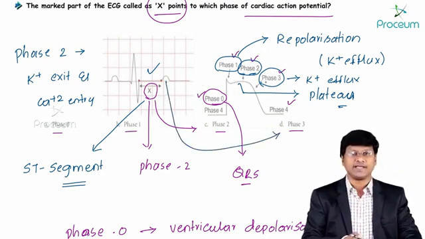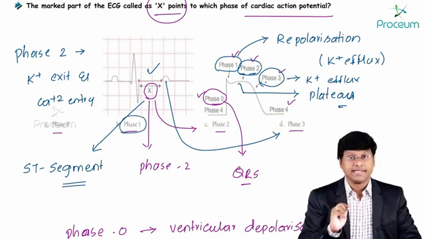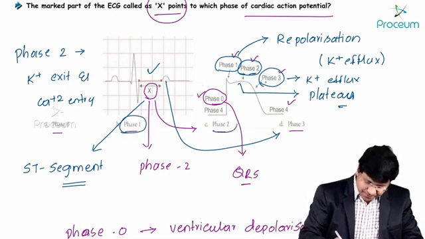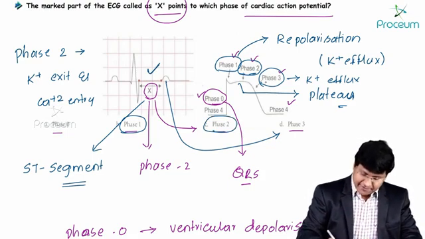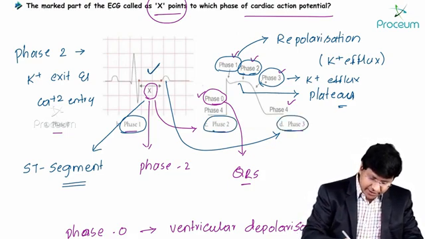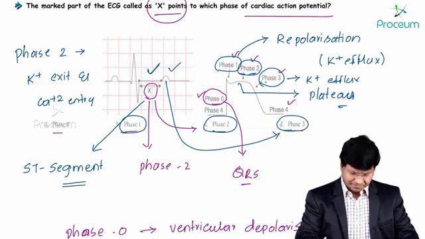So now to summarize everything, the QRS complex corresponds to phase 0 of the action potential. Next, phase 2 corresponds to your ST segment. And phase 3 corresponds to your T wave.